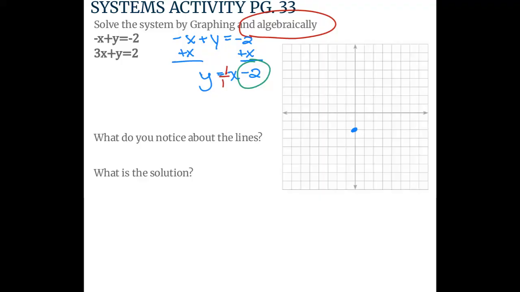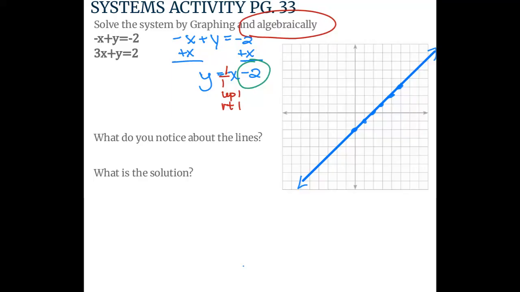That means I go up 1 and to the right 1, up 1 to the right 1, every diagonal. Let's make our nice pretty line, and don't forget those arrows. This line goes on forever.